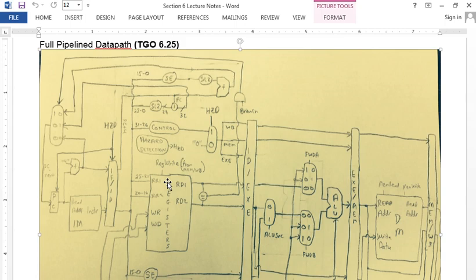So for those of you watching on the video later, 0, 0 is branch is 0 and jump is 0. 0, 1 comes from jump, so that's jump is 1. And 1, 0 comes from branch. It's controlled by the branch, so 1, 0 is if branch is 1. And that determines what our next program counter is.